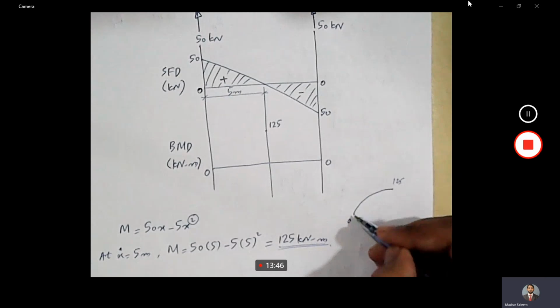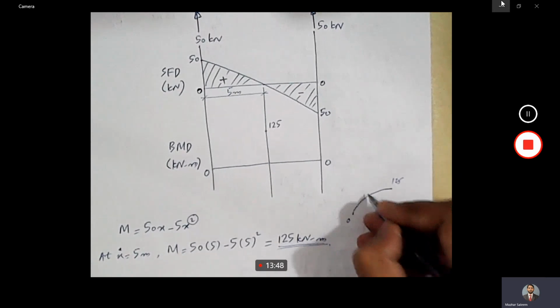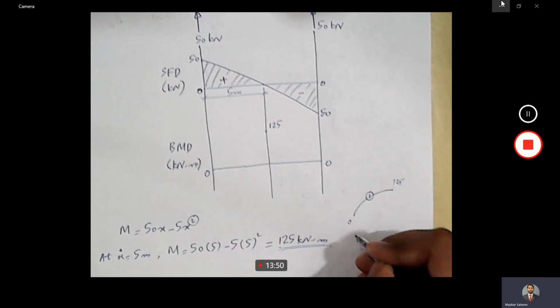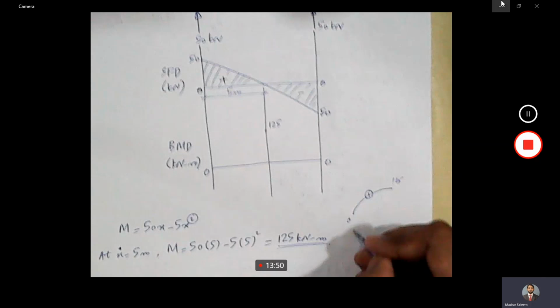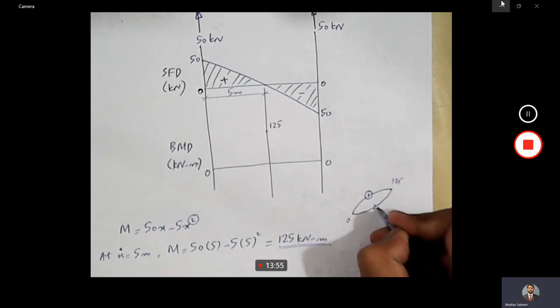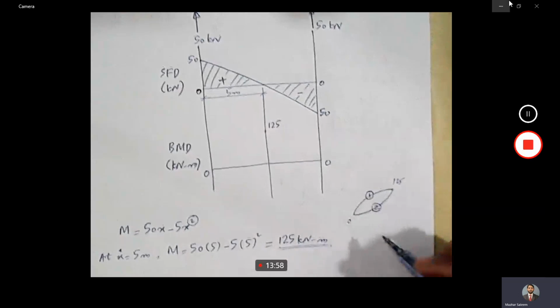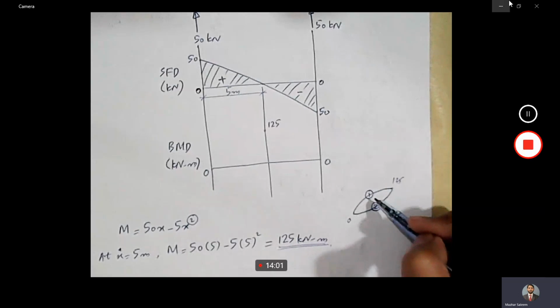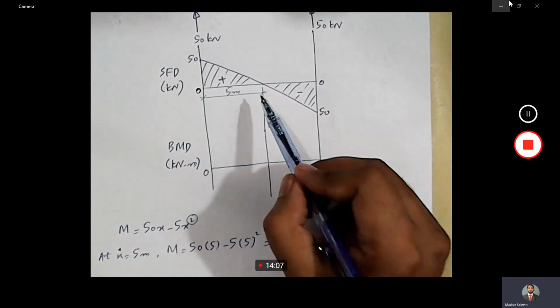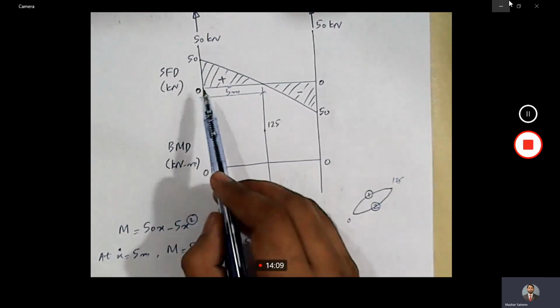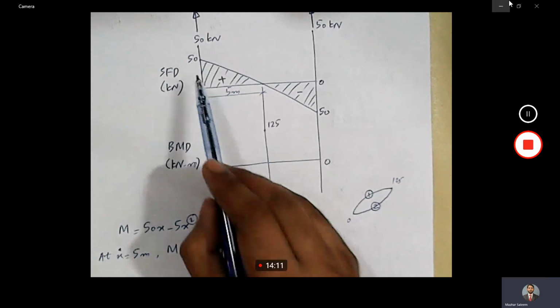We call this convex up, let's say option number 1, and a second degree line can also be drawn this way. This is, let's say, option number 2. So which option should be adopted? For that, we will have to go to the shear force diagram, and see what the variation in the magnitude of shear force is.